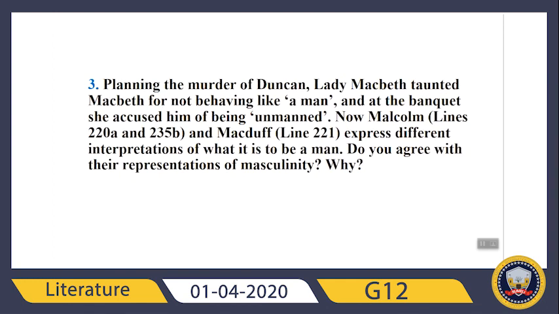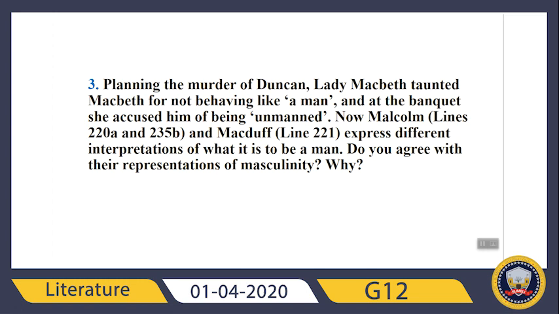Now, an interesting thing: planning the murder of Duncan, Lady Macbeth taunted her husband for not behaving like a man. And at the banquet, she accused him of being unmanned. You remember we already discussed the medieval understanding of men's qualities and women's qualities.